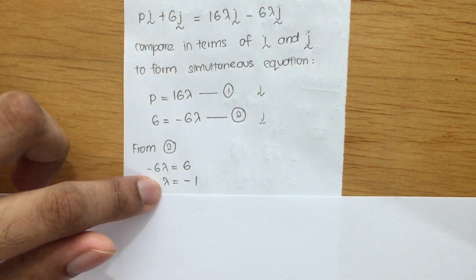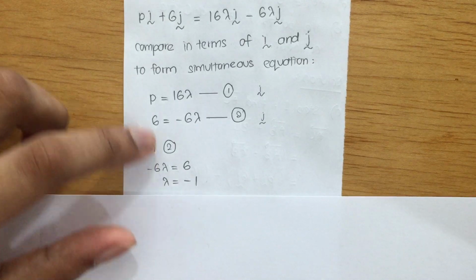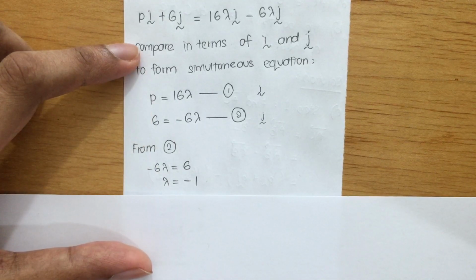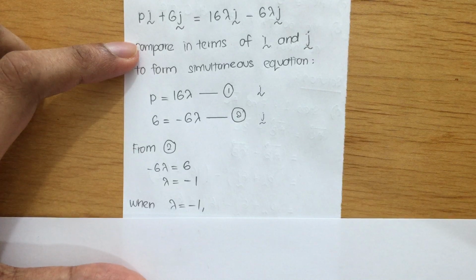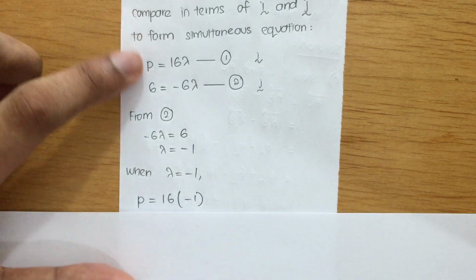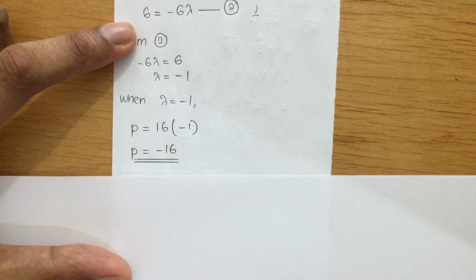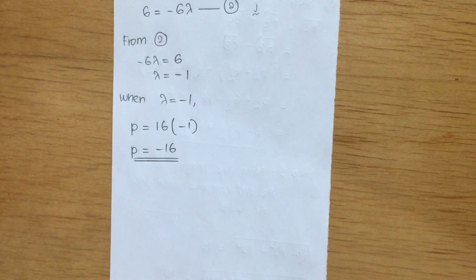Once you get lambda equals negative 1, it's very easy, guys. You can substitute into equation 1 to get your answer. When lambda equals negative 1, p equals 16 times negative 1. Therefore you get your final answer, negative 16. So this is your final answer, guys.